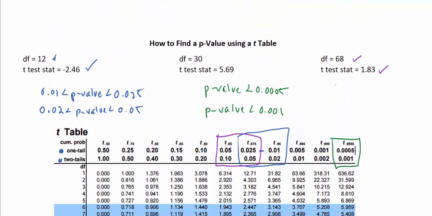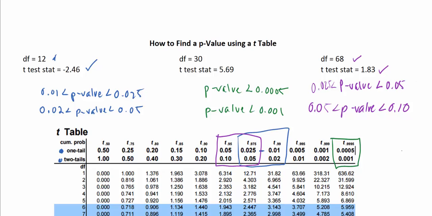So that means that our p-value for this example will fall between 0.05 and 0.025 for the one tail, and for two tail, it'll be between 0.05 and 0.10. Notice how the two-tail p-value is simply just the double of the one tail.